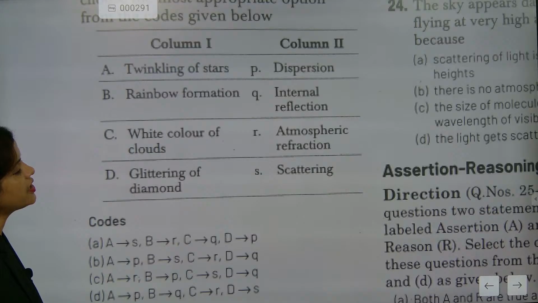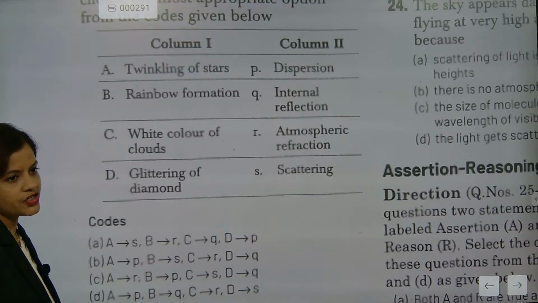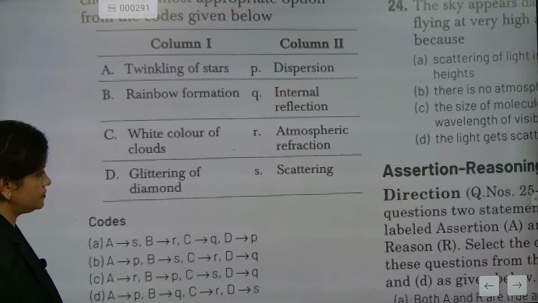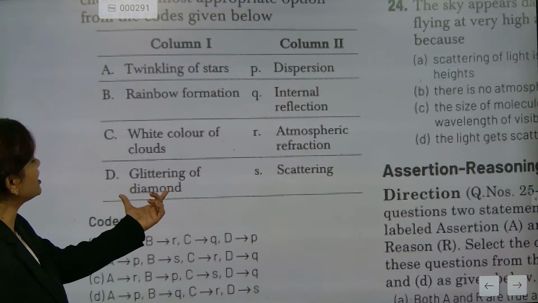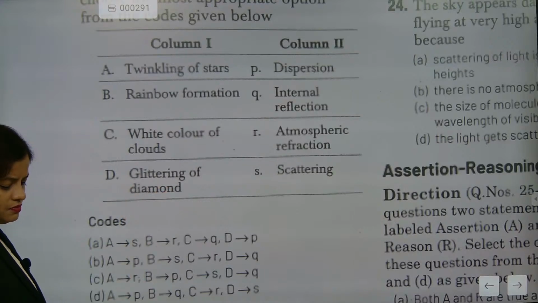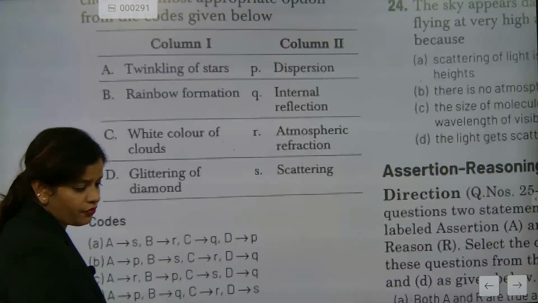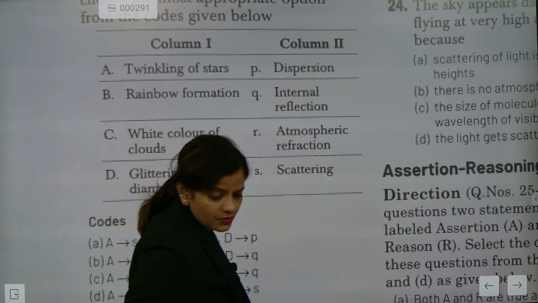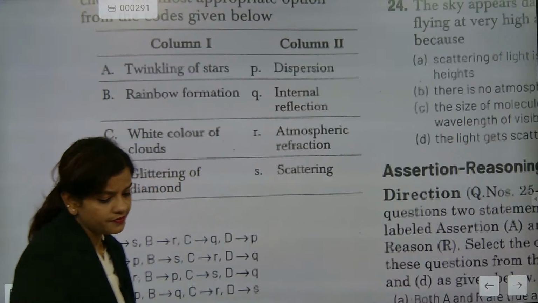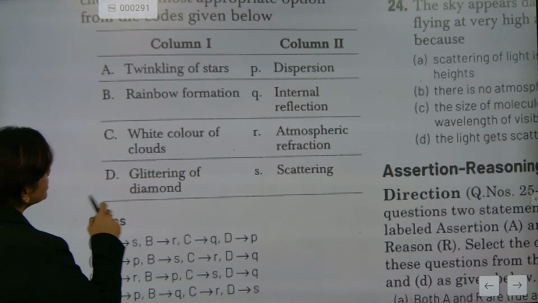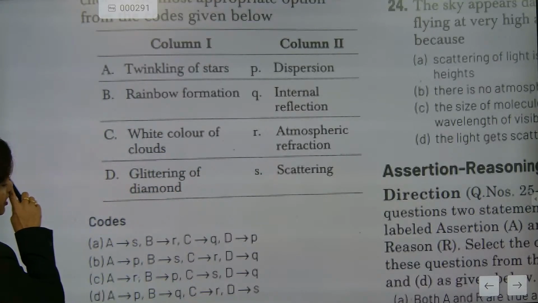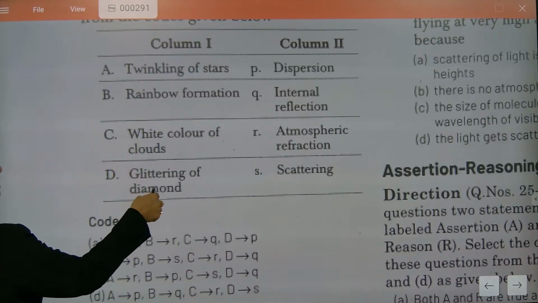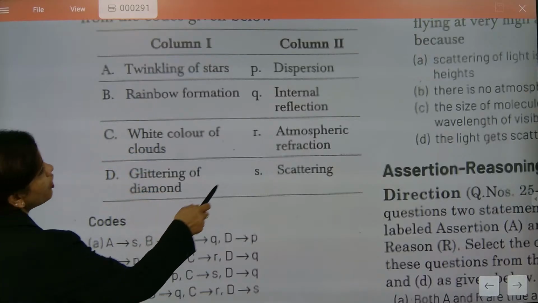Twinkling of star, atmospheric reflection. Rainbow formation, glittering of diamond. What is the answer? Glittering of diamond will be what?